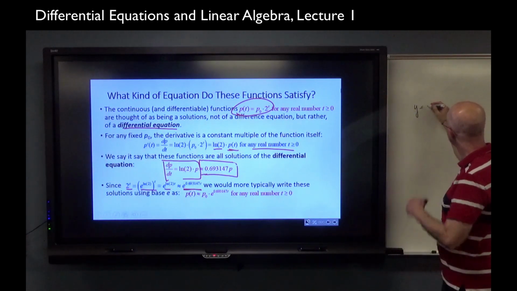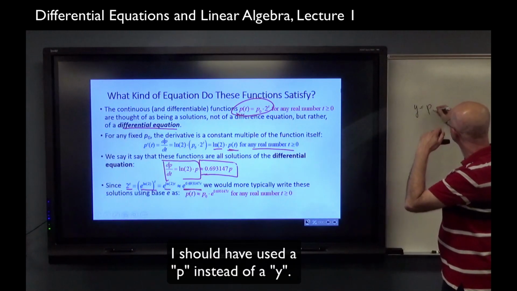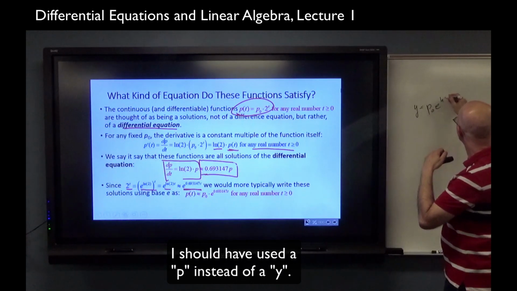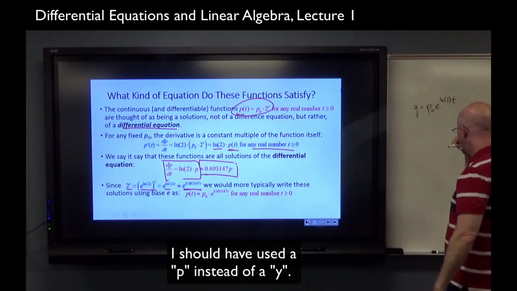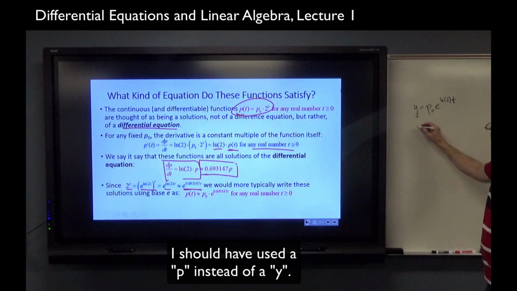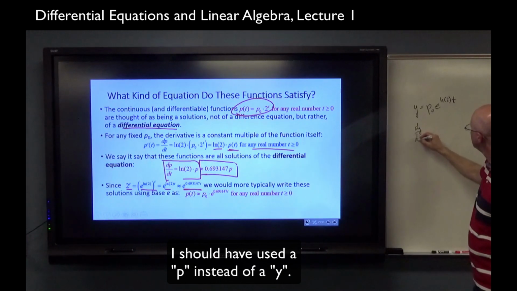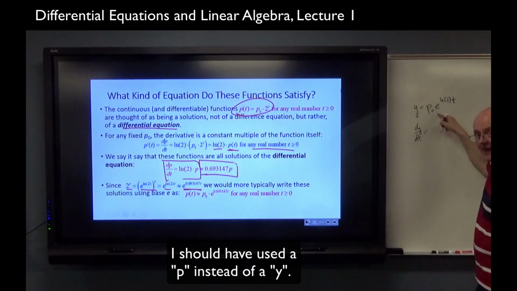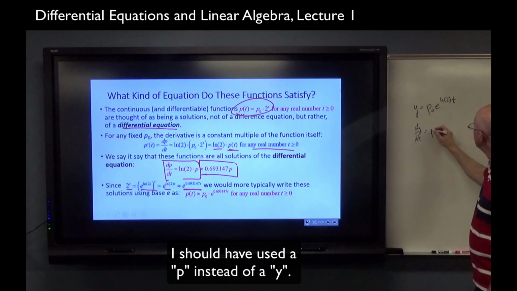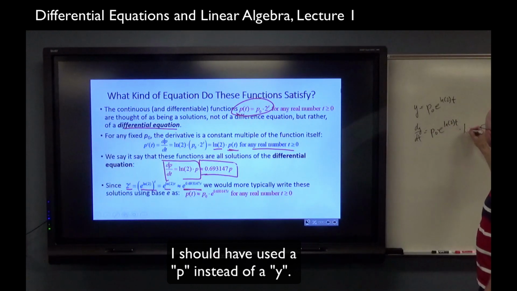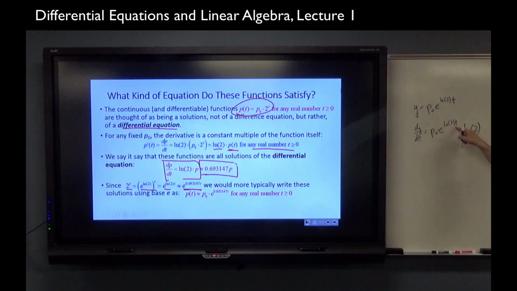y equals P0 e to the natural log of 2 times t power. Its derivative, dy/dt. Now we have an e. By the chain rule, we're going to get an extra factor of natural log of 2. Right? The derivative of natural log of 2 times t, that's just a number times t, is natural log of 2.